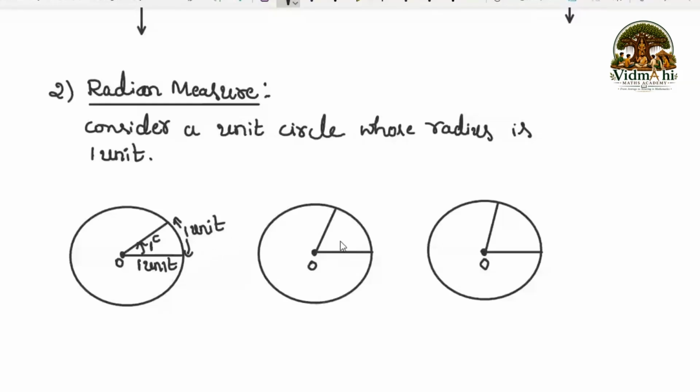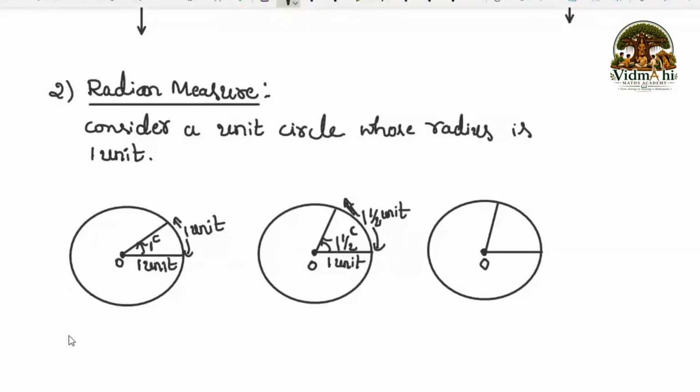That means as the arc length changes, the angle also changes. For example, consider the next diagram. Here the radius is 1 unit and the arc length is 1.5 unit. Now the angle is 1.5 radian.